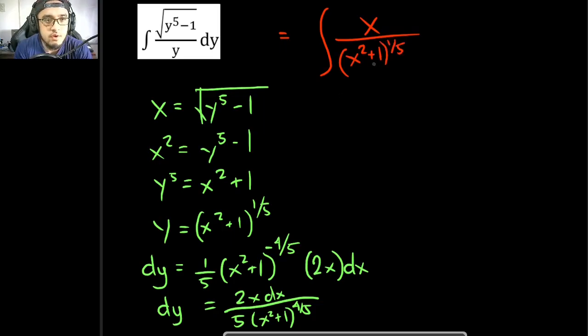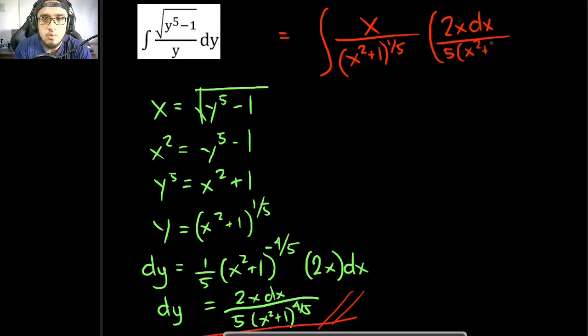But how about our dy? Our dy would be as follows: times 2x dx divided by 5 times x squared plus 1 raised to 4 over 5.